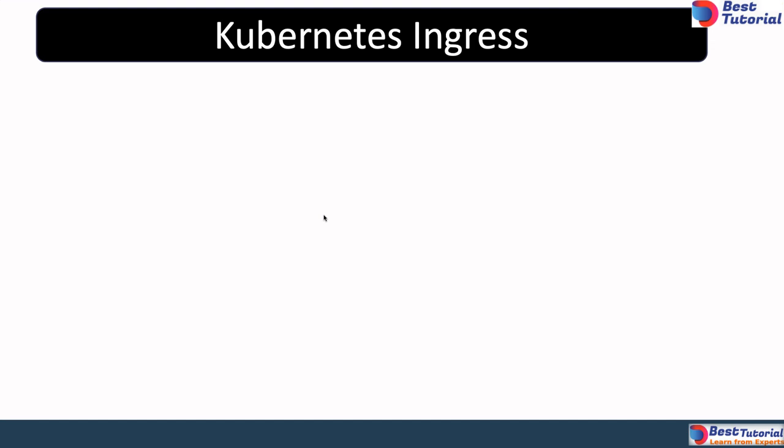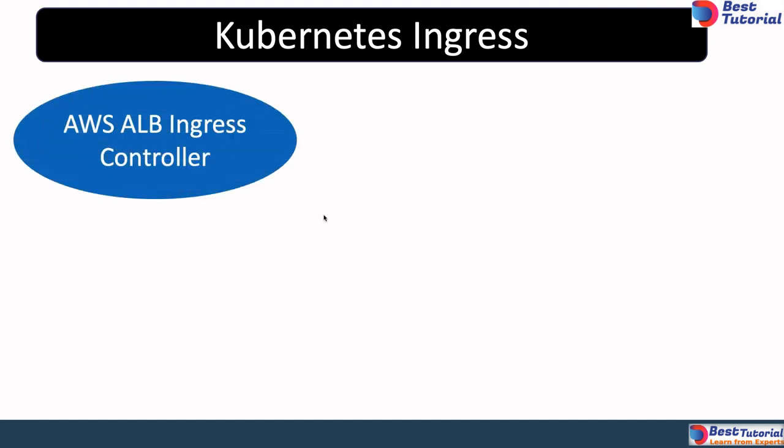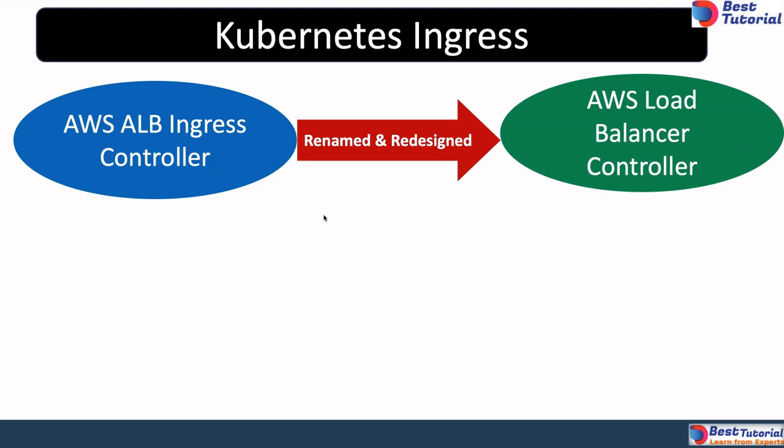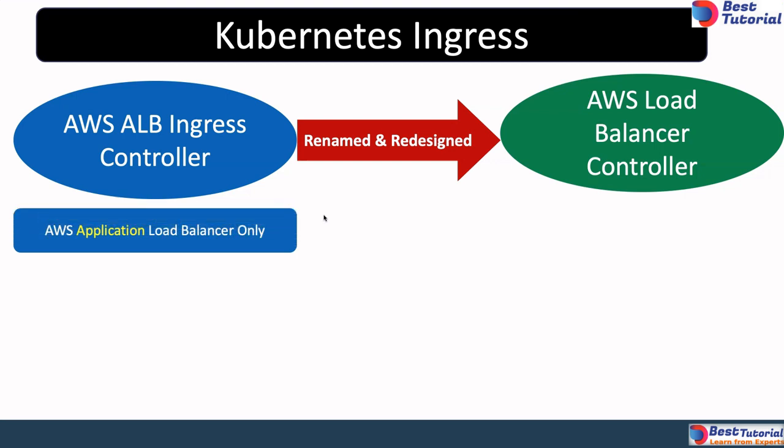From the Kubernetes Ingress perspective, earlier AWS used to have the AWS ALB Ingress controller, and that is now renamed and redesigned as the AWS Load Balancer controller. Earlier it used to create only AWS application load balancer related resources from the EKS cluster.